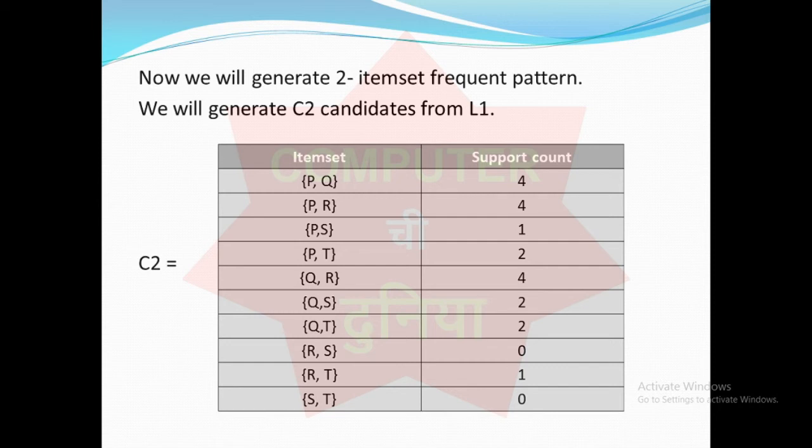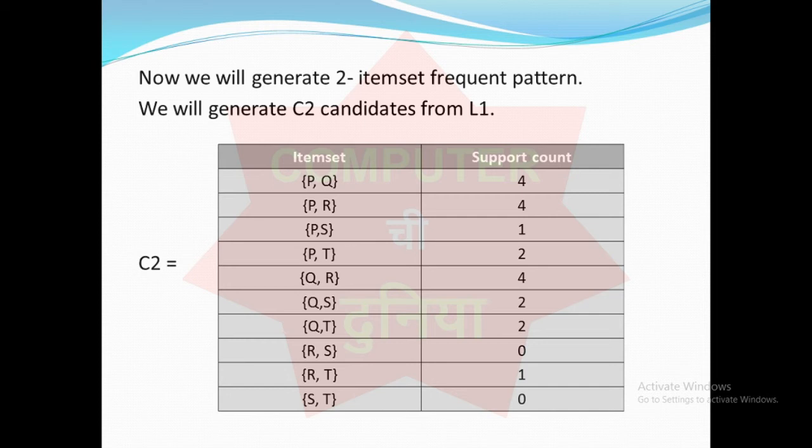Now, with the help of C2, we will generate the frequent item set list 2, that is L2. Our condition says that if an item set's support count is greater than or equal to the minimum support count, then and only then will it be added to L2. You can see here the support counts of item sets PS, RS, RT and ST are less than 2.